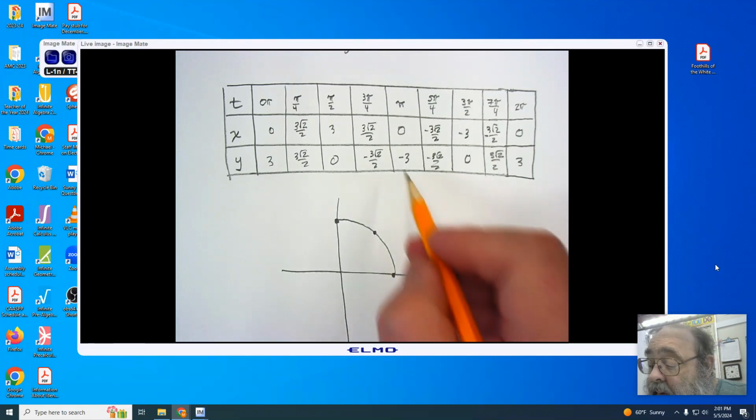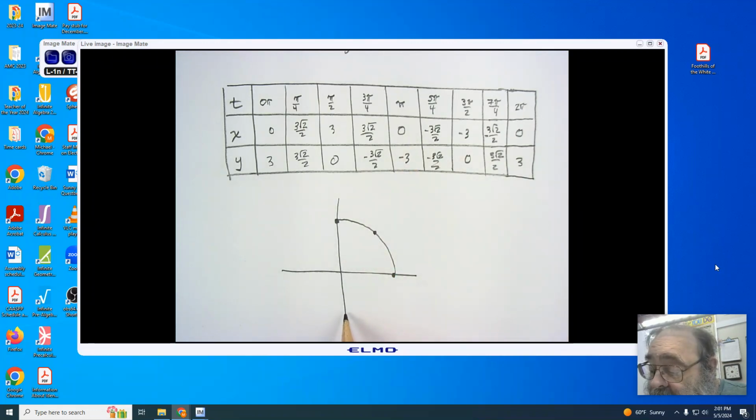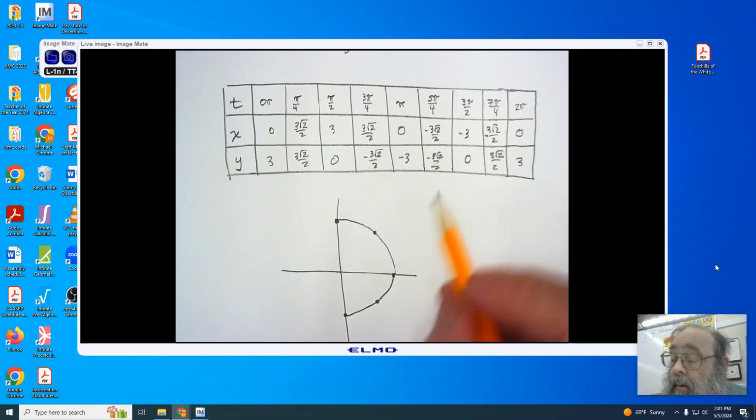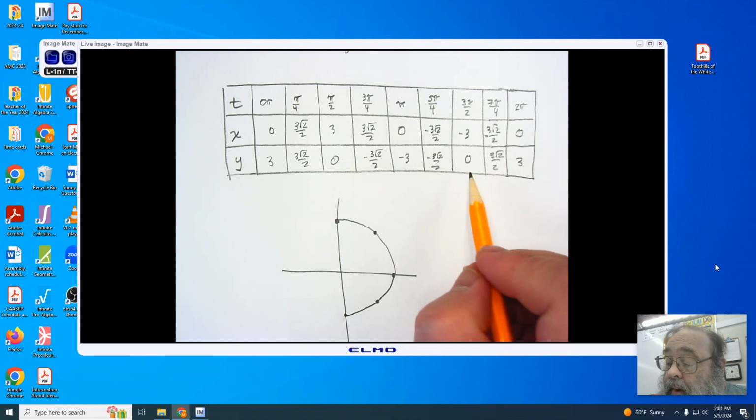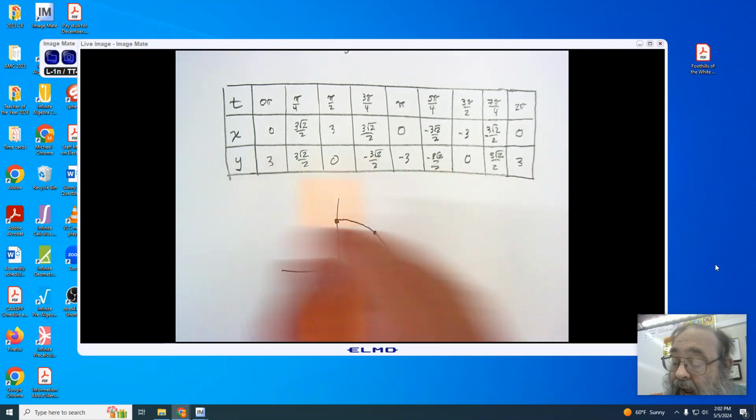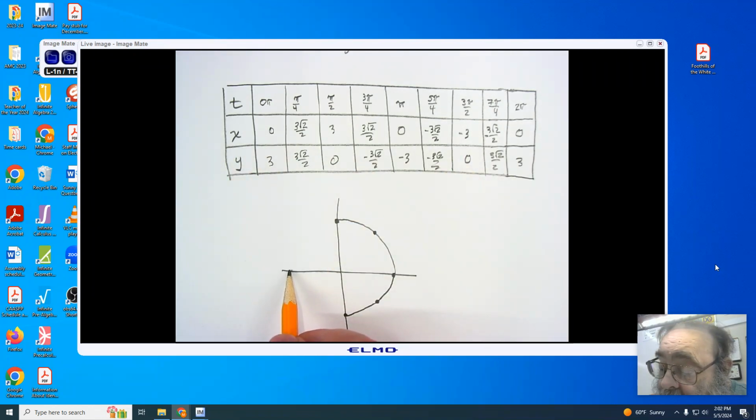And then we have 0, negative 3, so we're now down here. Again, that was our middle point. Then we're going off to negative 3, 0. So my x is negative 3. My y is 0 again.